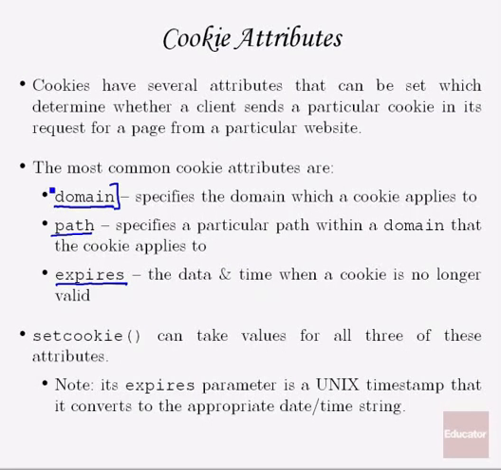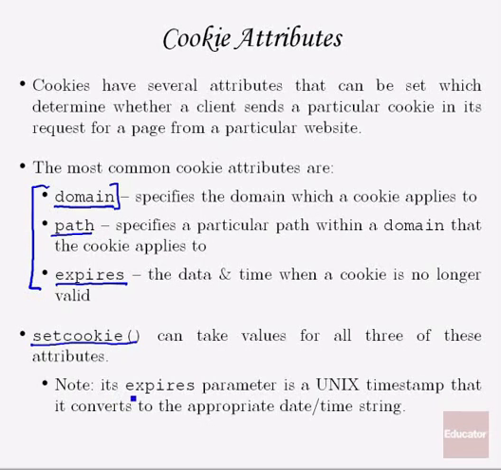So these are three attributes that allow you to determine, once the server sets a cookie on the client, when and under what conditions that client will send the cookie back to the server. The setcookie method can take values for all three of these attributes: domain, path, and expires.